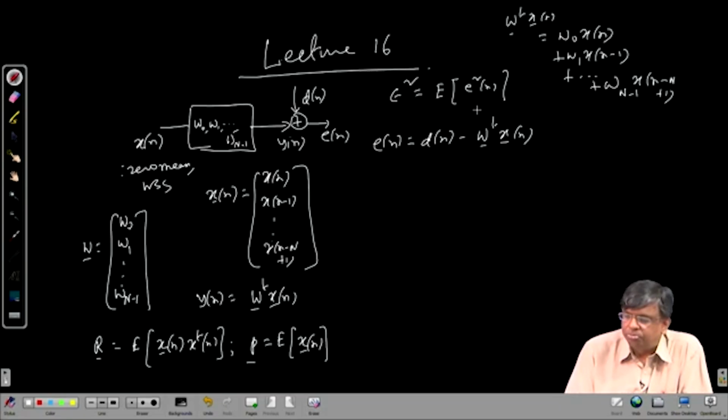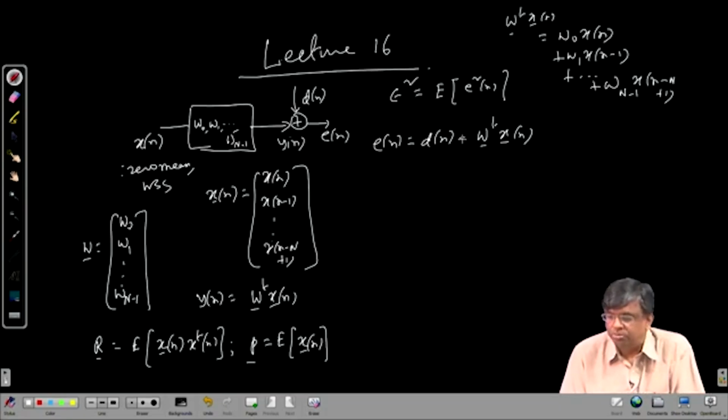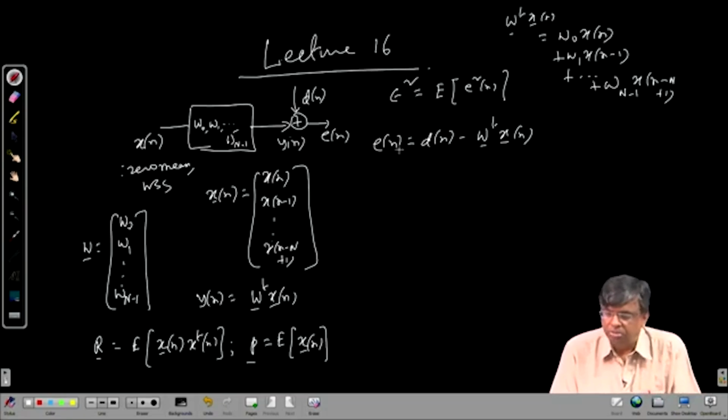And then if you square up e square n, then expected. So, when you square it up, there will be x square n, its expected value will give the variance, but there will be W 0 square, there will be W 1 square. Okay. Variance or correlations are given to us.